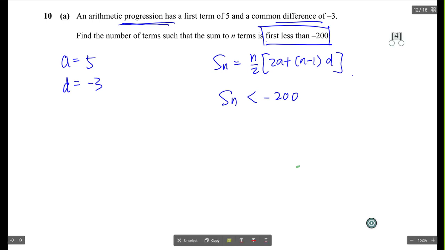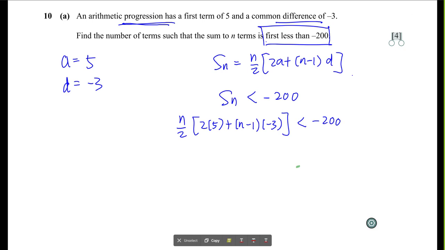It must be less than. First less than, that means later you will take the first n value which gives less than negative 200. So I plug in everything I have. n over 2, 2a will be 5, plus n minus 1, d will be negative 3. It's just substituting in the formula, and the formula is given also, I believe, at the first page there. So then I will solve this one.